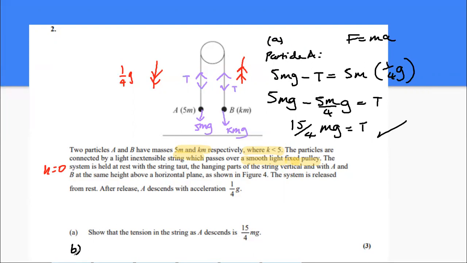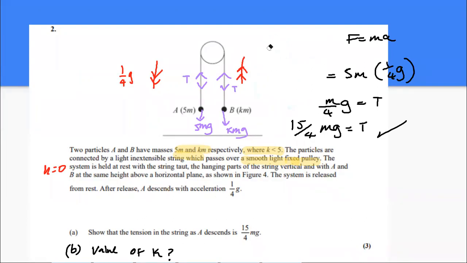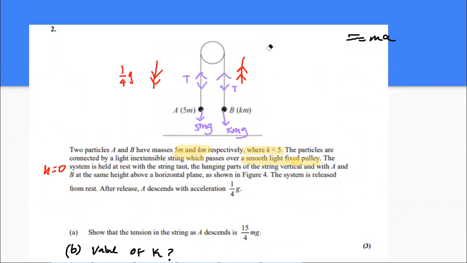Okay. Now for part B, you are asked to work out the value of k. So for this, we need to look at what's happening to our particle B. Okay, so for B, it's moving upwards, which then means that the tension is greater.